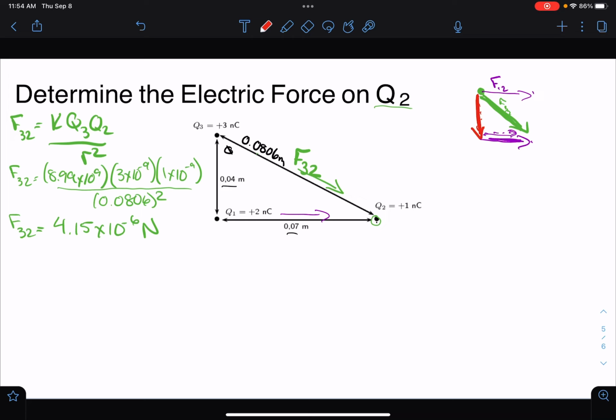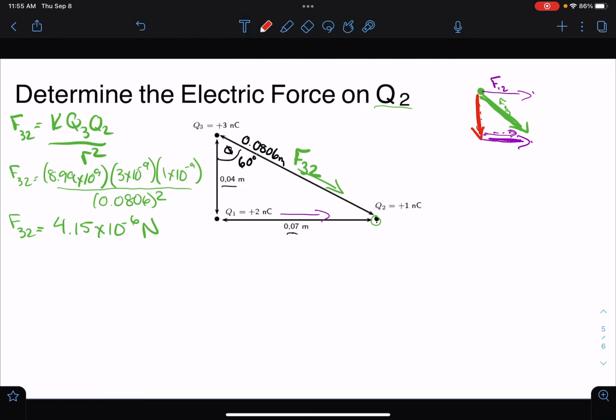So in this situation, we're going to have to determine what this angle is. Okay, and again, I like to use given values. So in this case, I did the tangent of 0.07 divided by 0.04 to find the angle. You take the inverse tangent, and I ended up with an angle of 60 degrees. I think it was like 60.1 or something, but I decided to use 60 degrees as that angle.